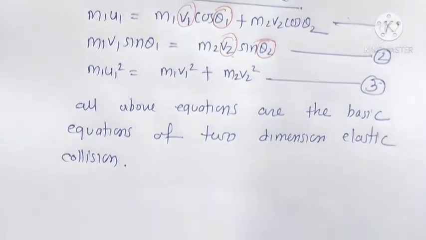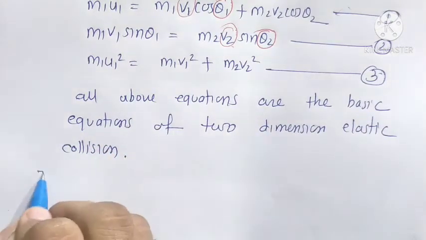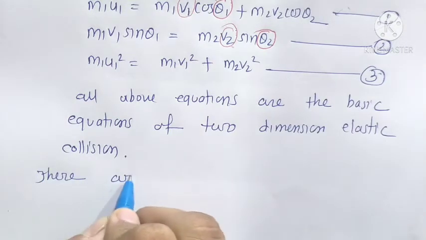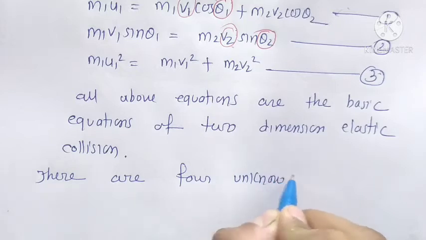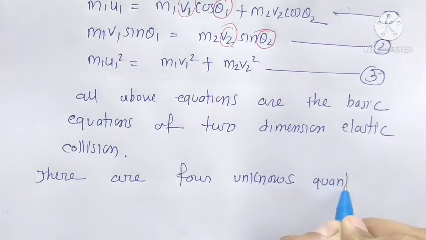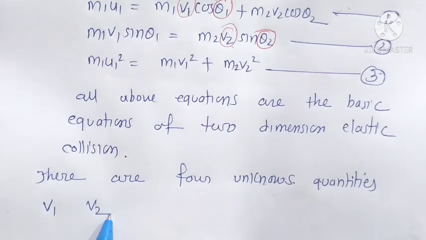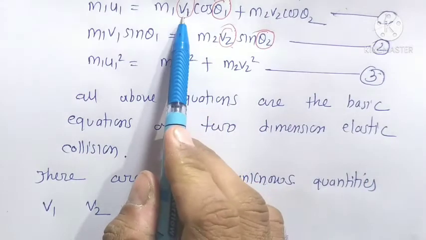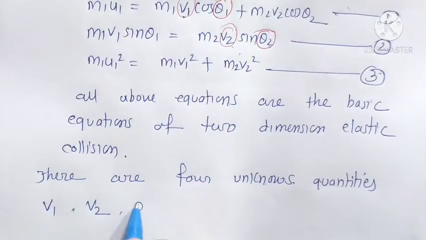So there are 4 unknown quantities: v1, v2, theta 1 and theta 2.